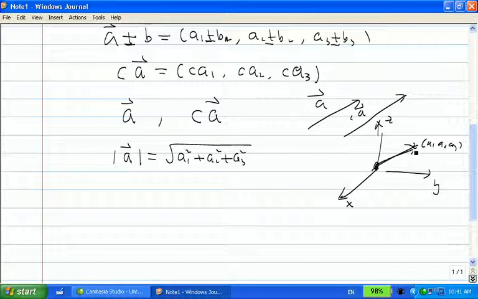Do we know how to find the magnitude? Yes, because we know how to find the distance between two points. One point is A1, A2, A3, and the other is the origin. So this is exactly the distance formula, just subtracting 0 for each component.